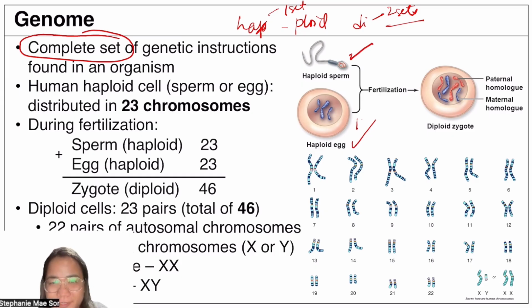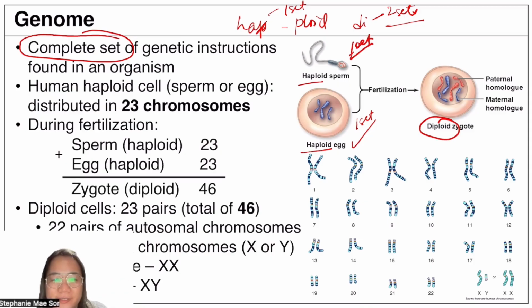So where do you get the two sets? One set is from your mother and the other set is from your father. Your sperm and egg are haploid cells. So haploid sperm plus haploid egg during fertilization combine to form your diploid zygote. So, yung mga cells ng katawan natin are diploid except for the sperm and egg.